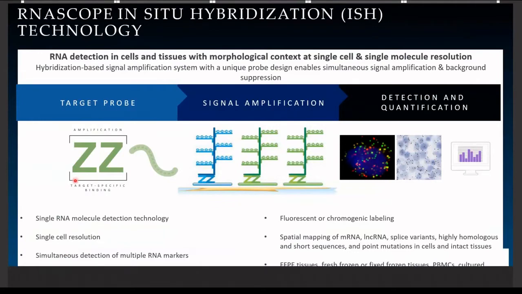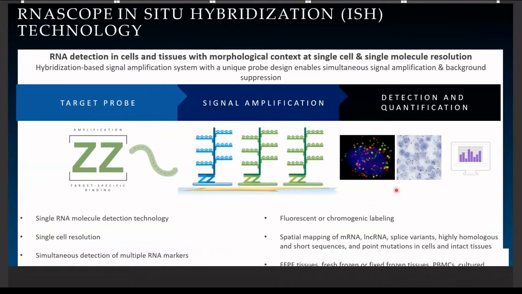Then we have the signal amplification system, where our special technology amplifies target gene signal and suppresses background noise, giving you high signal to noise ratio. And finally, our detection or quantification strategy, which allows you to visualize a single molecule of RNA as a punctate dot, as given here in the image, with single cell resolution, and sometimes even subcellular resolution.